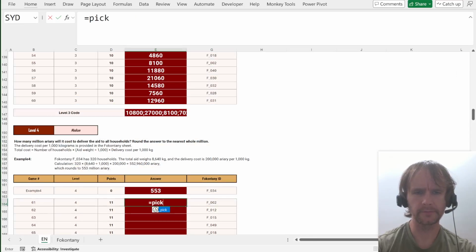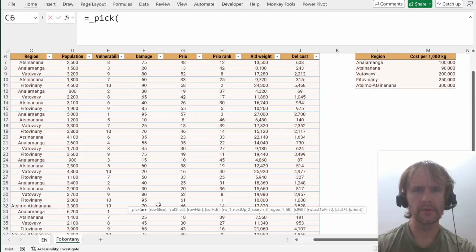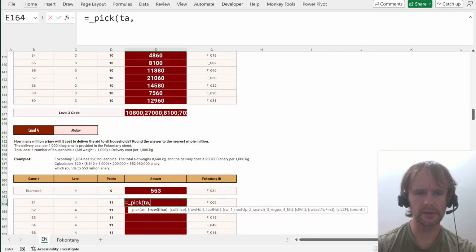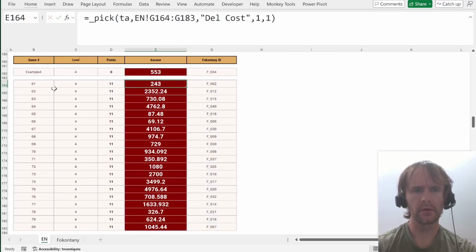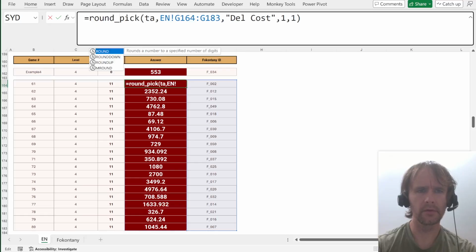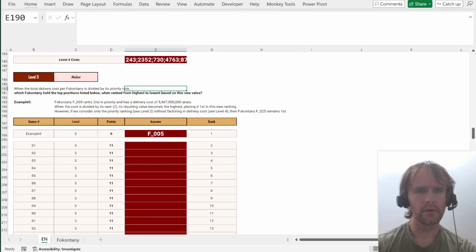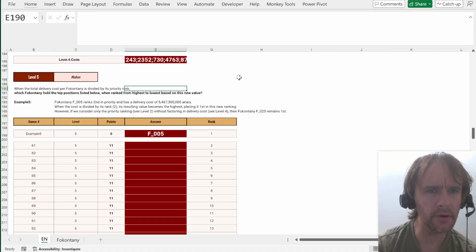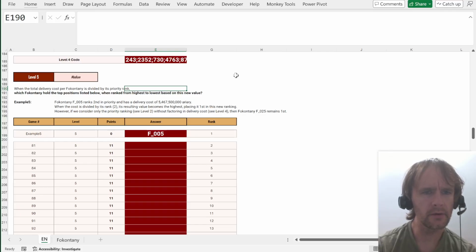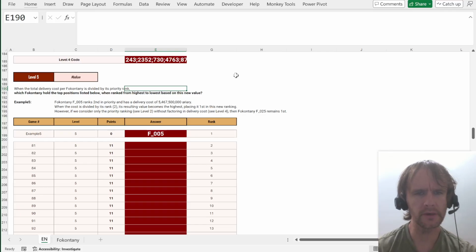So pick, what do I call it? Del cost. So TA, all of this, del cost, 1, 1, and round. Okay, level 5, when the total delivery cost per Fokontany is divided by its priority rank, which Fokontany hold the top positions listed below when ranked from highest to lowest based on the new value.